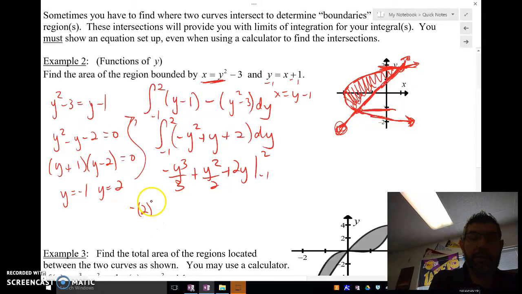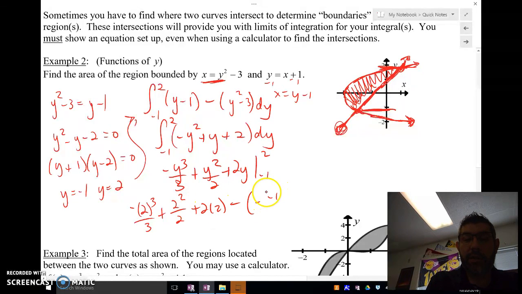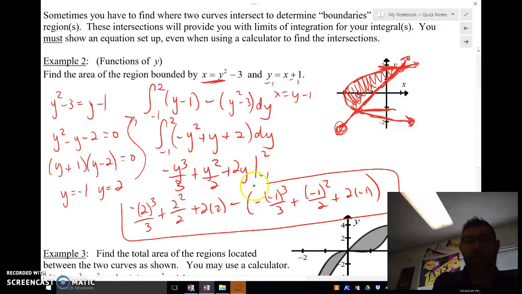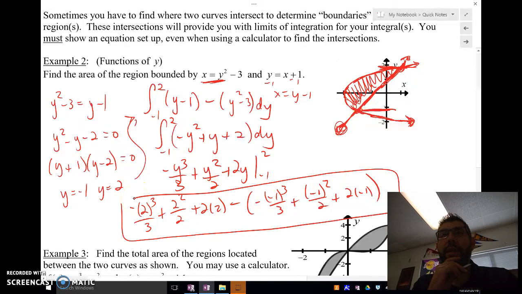So negative 2 cubed over 3 plus 2 squared over 2 plus 2 times 2 minus negative 1 cubed over 3 plus negative 1 squared over 2 plus 2 times negative 1. And I'm going to go ahead and leave it like this. Once I plug in my values, I can leave that like that. If you wanted, you could simplify that more.